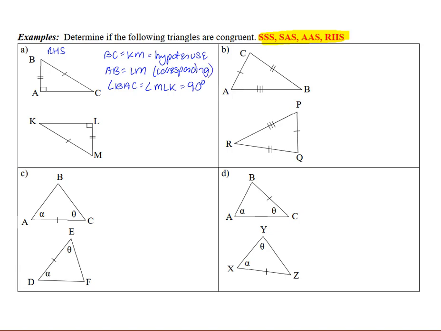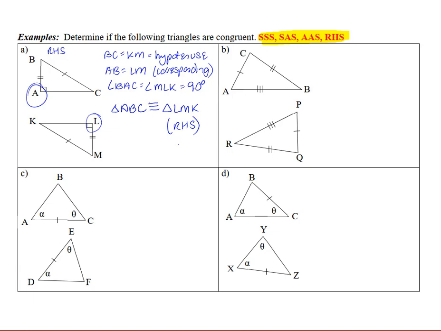That's important as well. So if I rotated ABC, I could end up with it being in the same position as the triangle KLM. So now I know that triangle ABC, now I started at the right angle, so when I write my next triangle, I have to start at the right angle and go up. So is congruent to triangle LMK, and the reason for it is RHS.